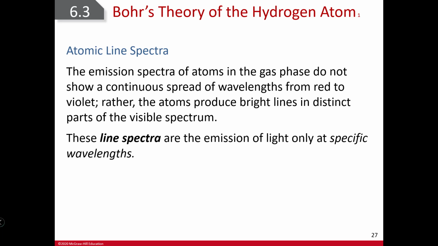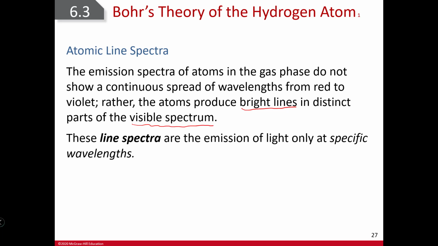So emission spectra, we knew before Planck that when we take an element and we heat it up in the gas phase, it does not show a continuous rainbow of wavelengths from red to ultraviolet, but that we actually see distinct bright lines in the visible part of the spectrum.